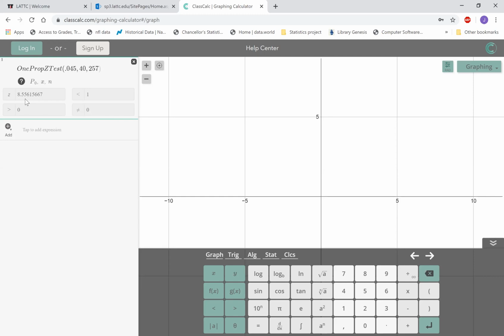We get a Z of 8.56. So if you look at it, it's telling us there's a huge gap between the hospital's overall percentage of death during shifts and Kristen Gilbert's percentage of death during her shift, because we got a Z value of 8.55 or 8.56.